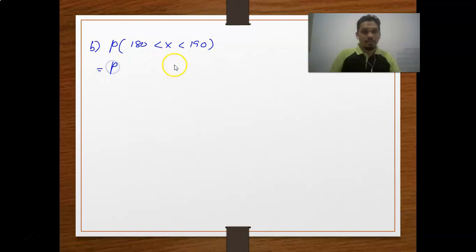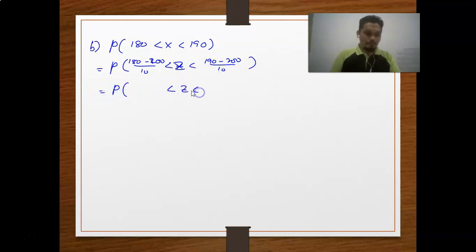So we come up with Z: 180 minus 200 divided by the square root of 100, which is equal to 10, and 190 minus 200 divided by 10. This gives you negative 1.95 and negative 1.05.